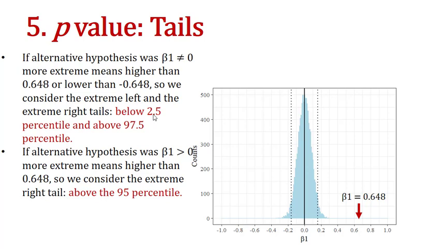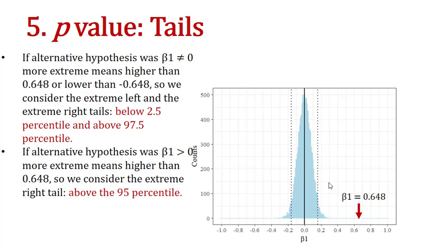And the reason why we use 2.5 and 97.5 before is because we want 2.5% of the distribution to the left, and we look at 2.5% of the distribution to the right. So together we have 5% of the distribution. Now, if the alternative hypothesis is directional, then we don't look at this part of the distribution, so we want to look at the 5% to the right of the distribution.